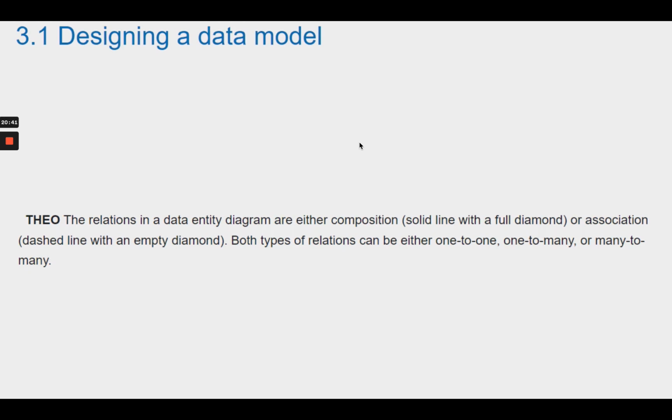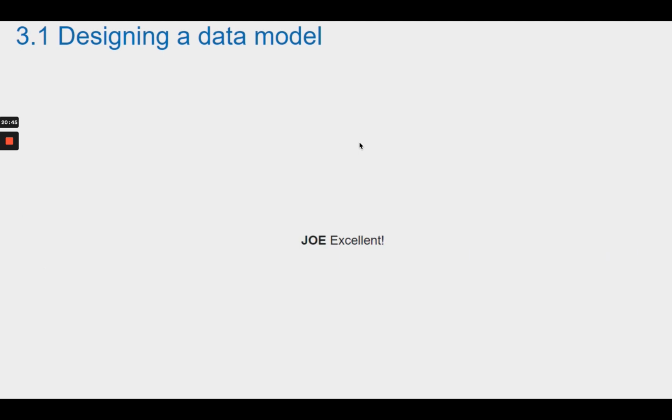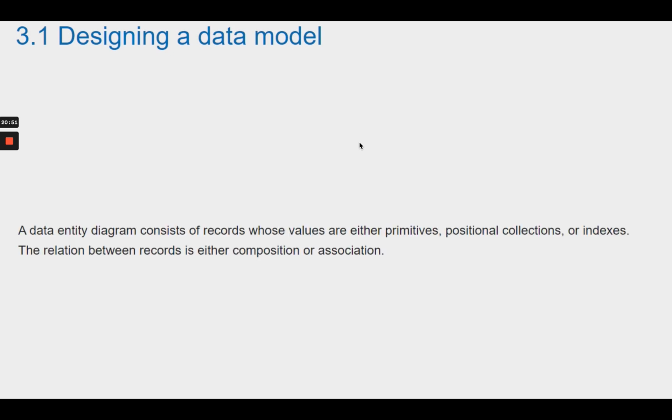Both types of relations can be either one-to-one, one-to-many, or many-to-many. Joe, excellent. Tip: a data entity diagram consists of records whose values are either primitives, positional collections, or indexes. The relation between records is either composition or association.